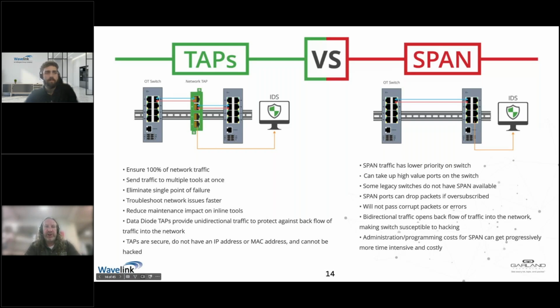So you want to make sure that if you are utilizing span mirror ports, you put some process in place. So if you're doing a firmware update on your switches or your routers, do you have a format that you're actually going to go in and verify that your span ports are configured properly?